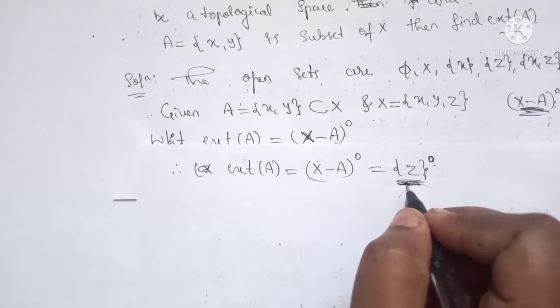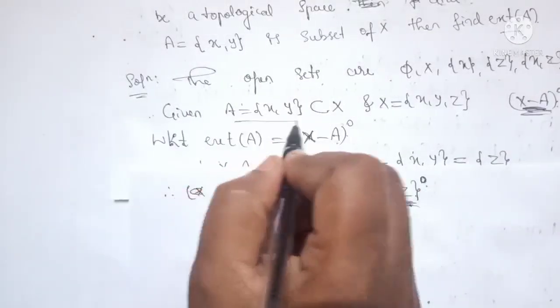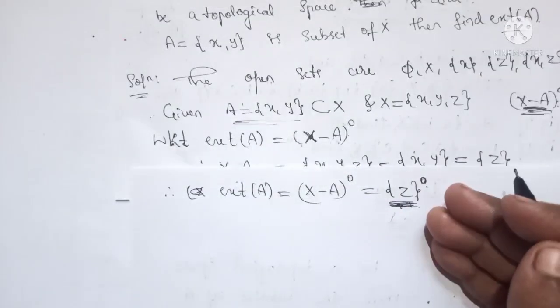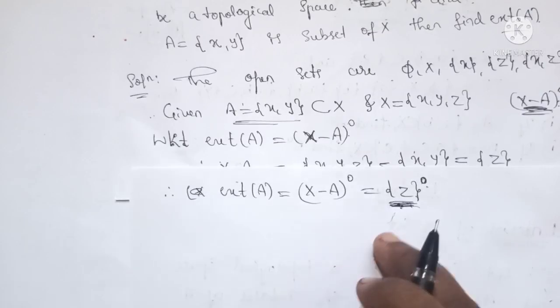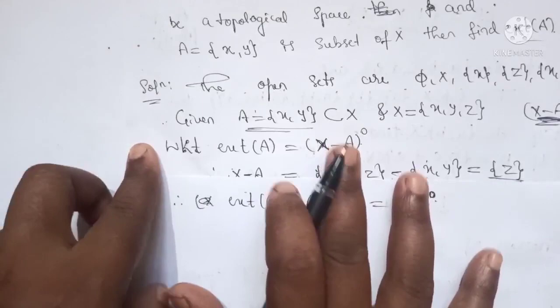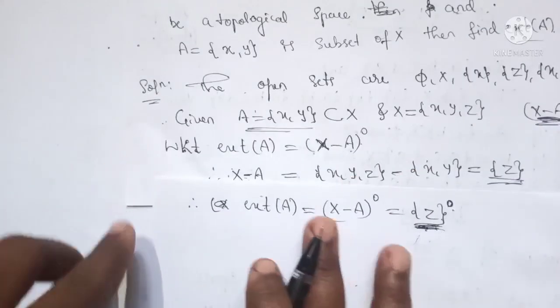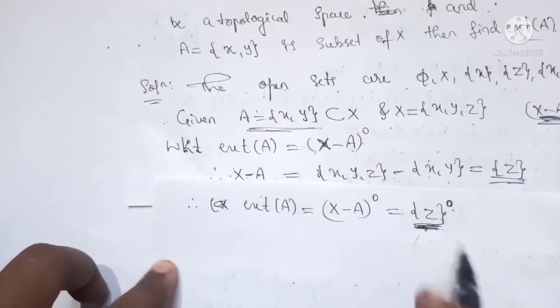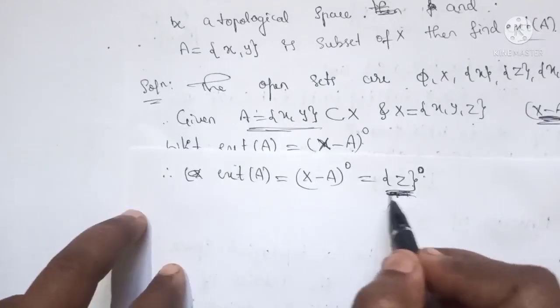Here we won't consider this A, because this is exterior. For exterior we need to take X minus A, then find its interior.